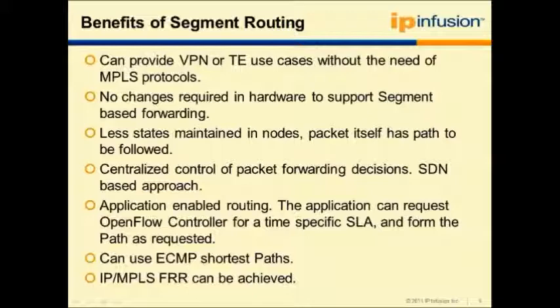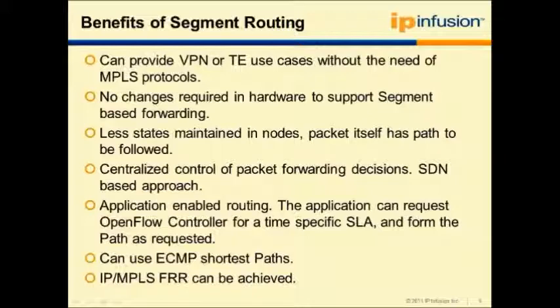In a current MPLS deployment, we have to maintain state for what path has to be followed. But here the state is available within the packets themselves about how they should be forwarded. As I already highlighted, one major use case is integration with SDN and centralized control and decision making about how the packet will be forwarded, and that can be programmed directly to the ingress node.